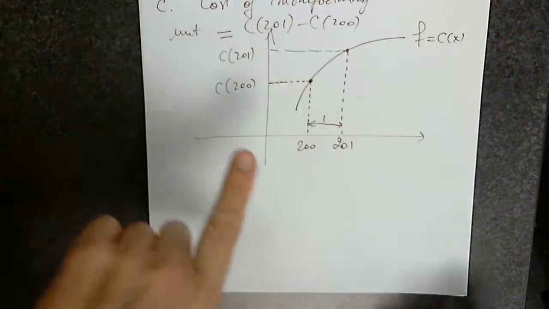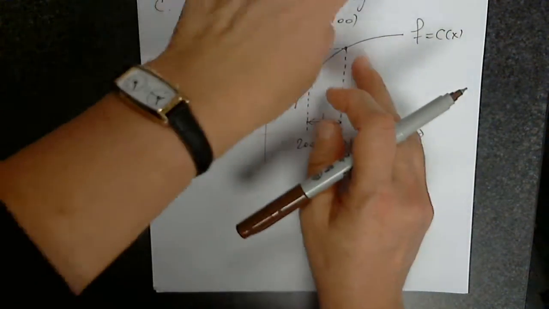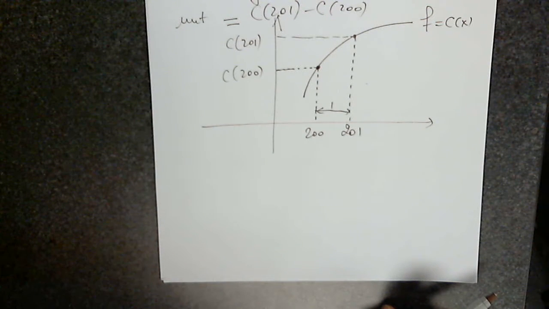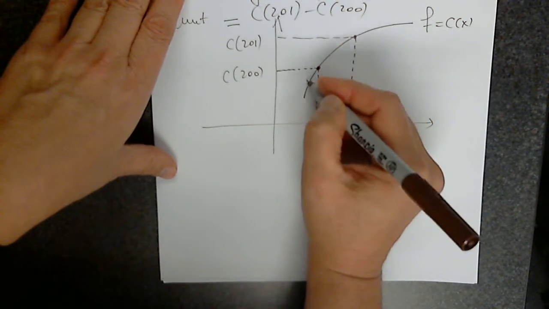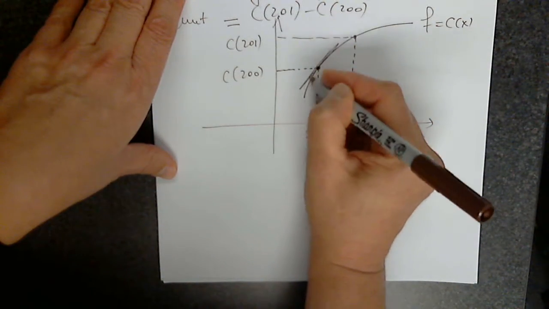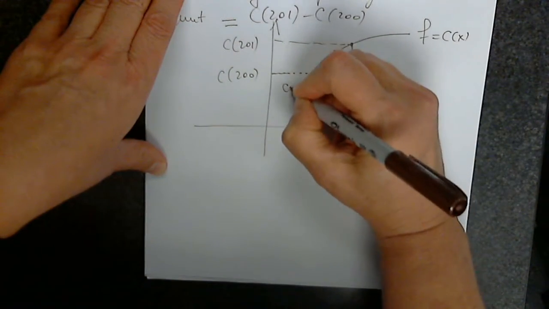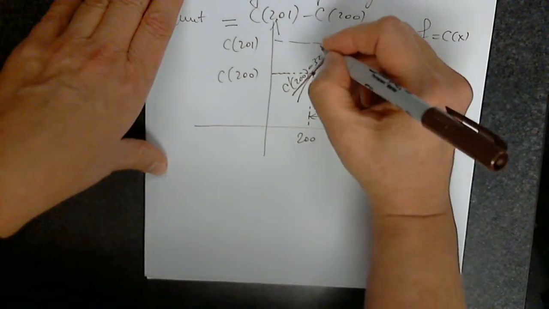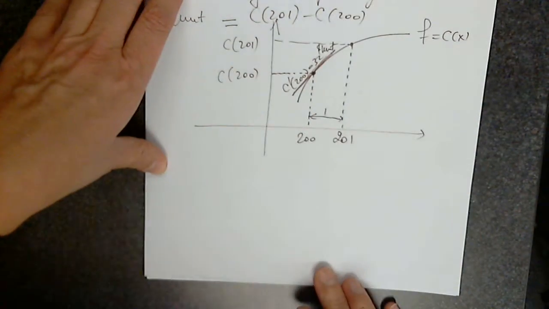So how will I graph that number here? What does it mean? The rate of change when x is 200. That is the tangent slope, right? So this is C prime of 200, which is 32. Of course, dollars per unit, right?